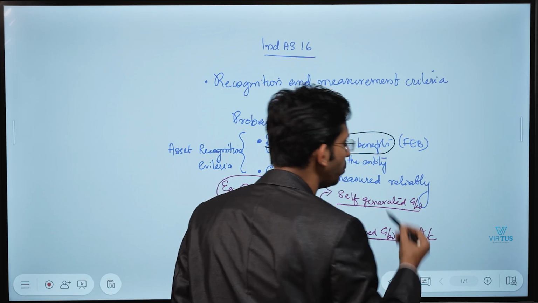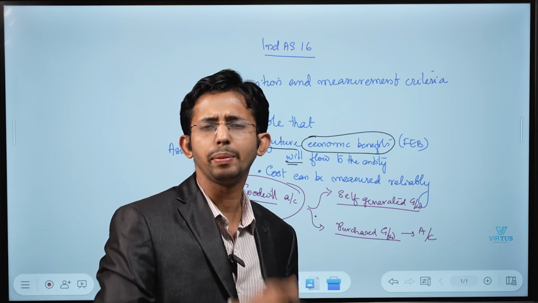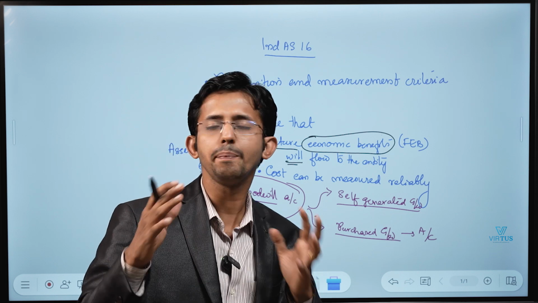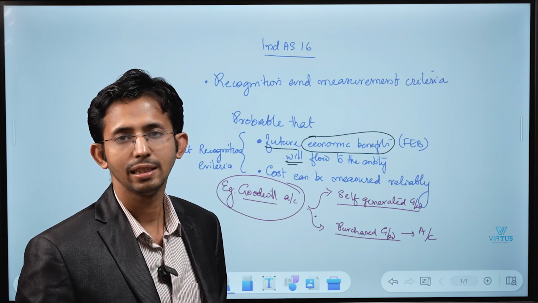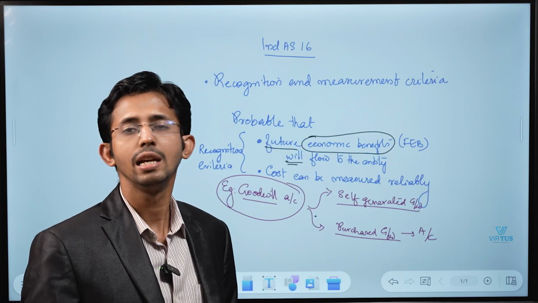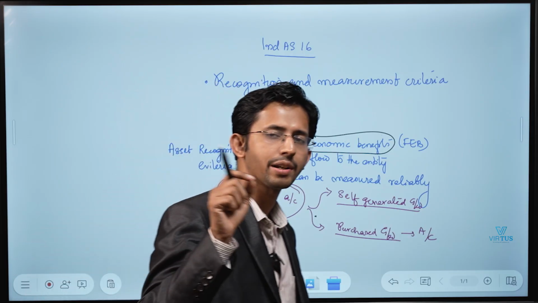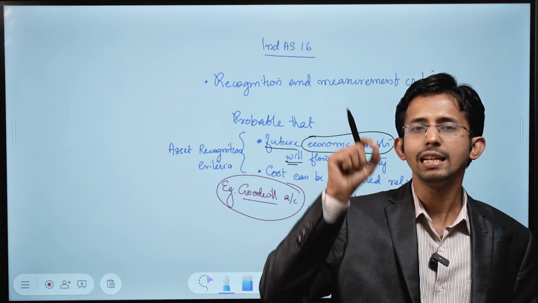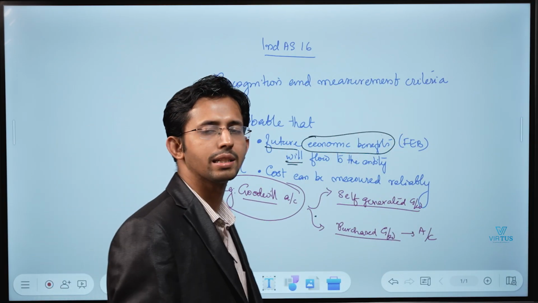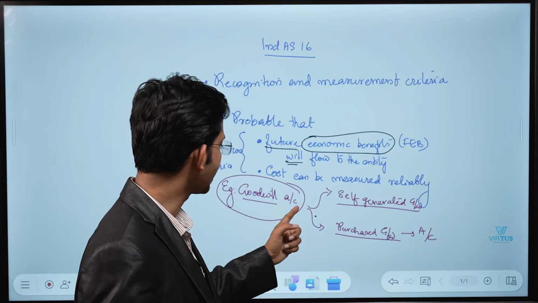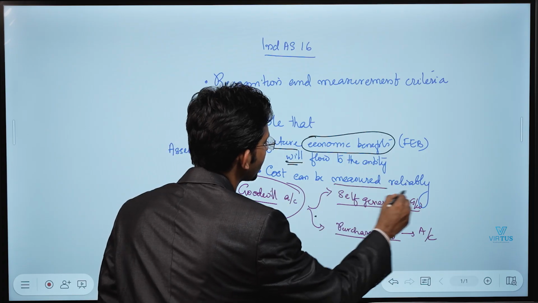Whereas self-generated goodwill is a big asset for the company, right? Take the case of Apple. For Apple, its goodwill is the biggest asset. Now that is self-generated. Can you recognize it as an asset, the biggest valued asset in your books? The answer is no. Even though self-generated goodwill is the highest valued asset for your company, and the asset based on which you get all the business in the world, you can't recognize it because it fails the second condition, that the cost can be measured reliably.